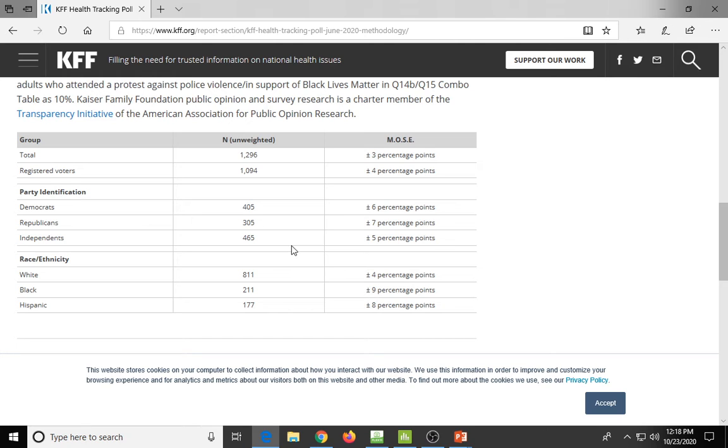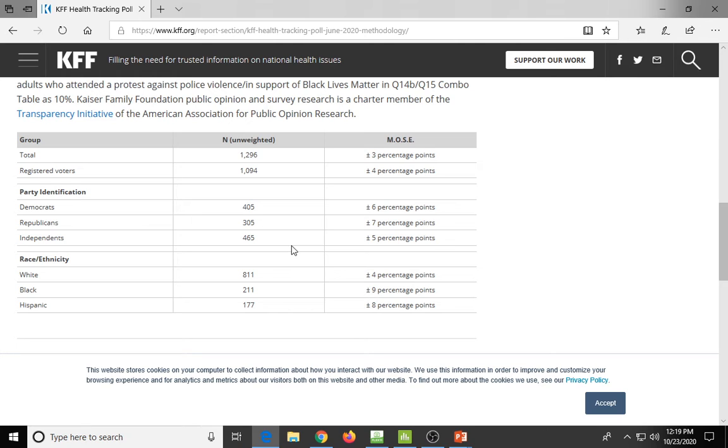So let's go ahead and figure out our standard error. Our standard error would then be the square root of p hat times 1 minus p hat. So the p hat we're saying was 71%.